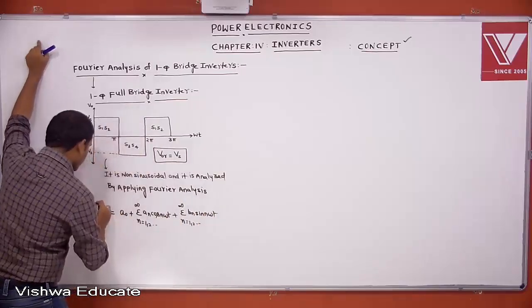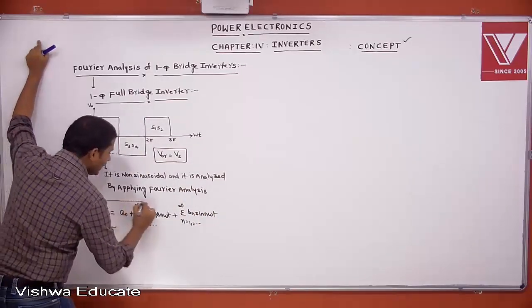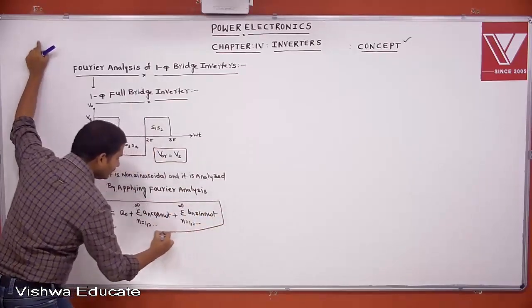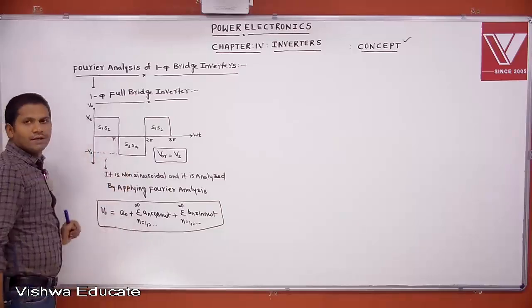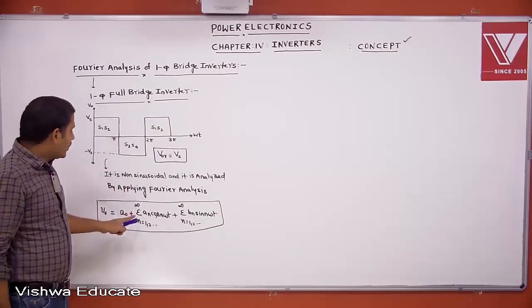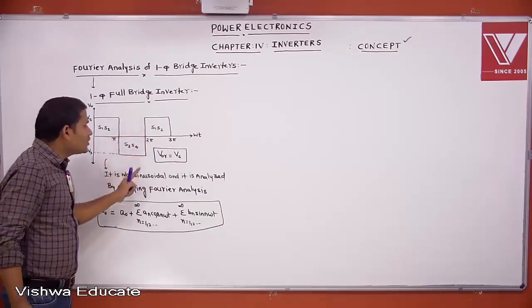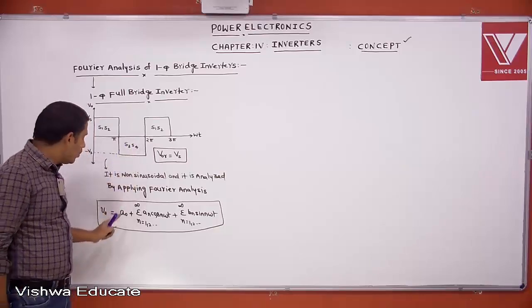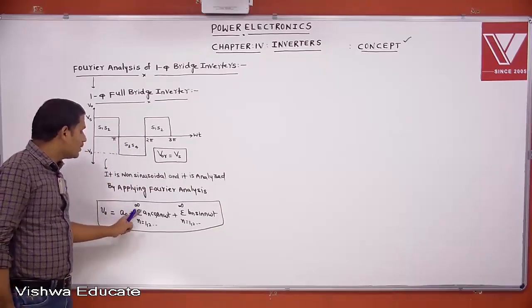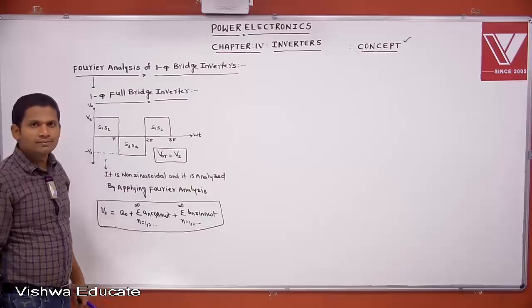This you know. This is the instantaneous output voltage representation according to Fourier series. Now we calculate the instantaneous output voltage of this waveform. We want to calculate what is A0, what is An and what is Bn.